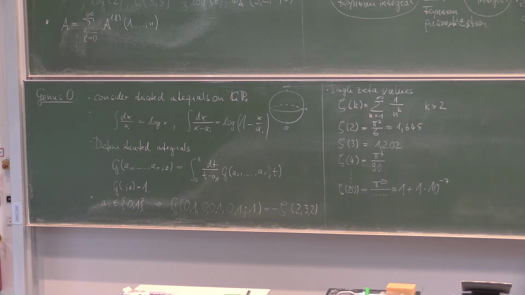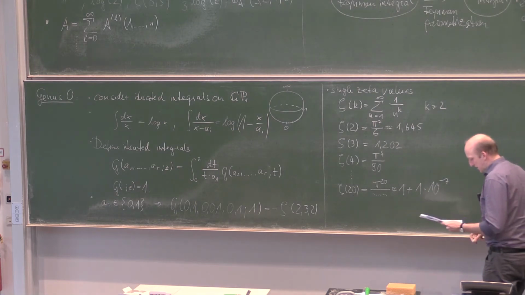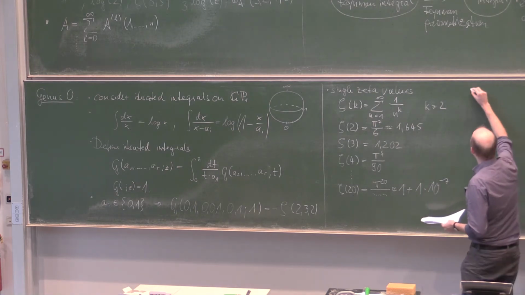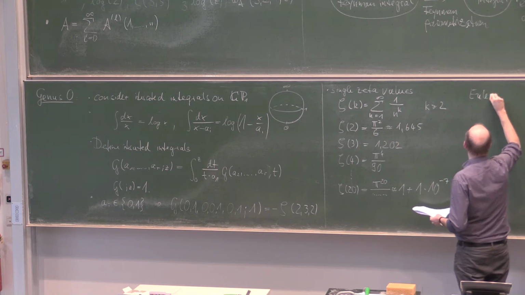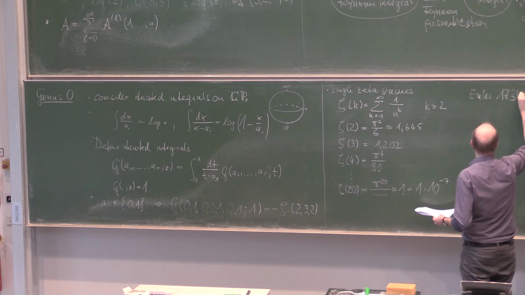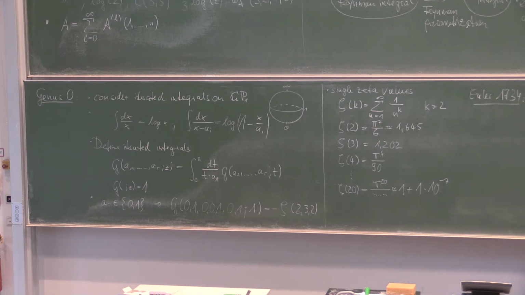And of course, people have come across that pattern, and it was actually Euler, Leonhard Euler, in 1743, who proved that zeta of 2k is nothing else than minus the 2kth Bernoulli number times 2 pi i to the 2k over twice the factorial of 2k.